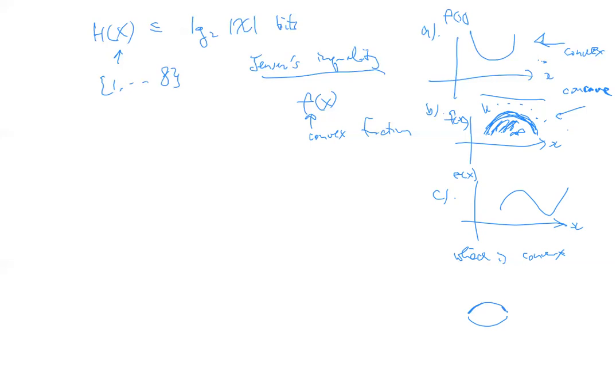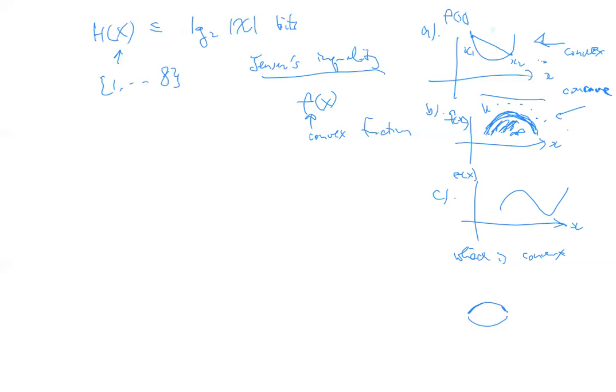Okay, so basically, let's say convex, if I draw a line here, and I have any points here, let's say x1 and x2. If I take a linear combination along this line, let's say this point here is p.